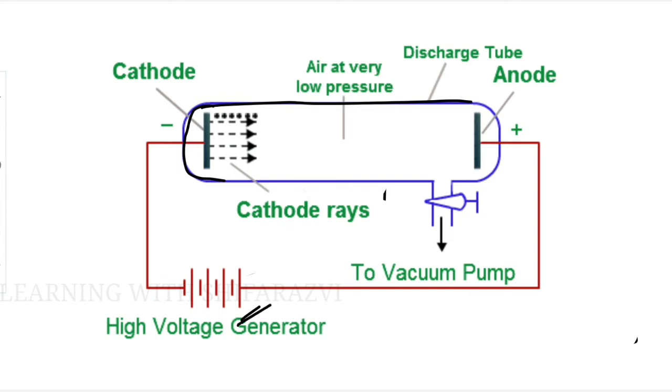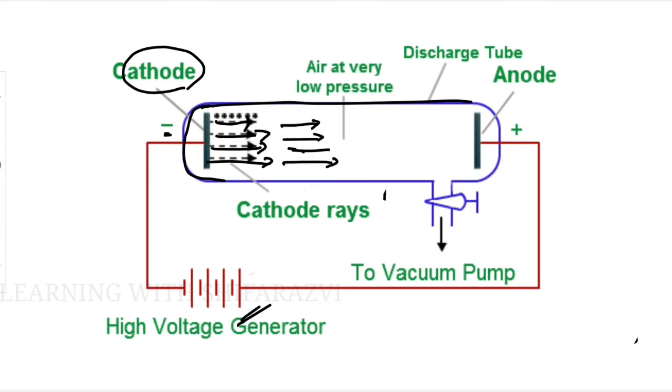suddenly he saw a beam of rays going from a cathode. A cathode is the negative terminal of an electric circuit. So there was a beam of rays going from the cathode towards the anode. Anything that is going from a negative side to a positive side should be negatively charged, isn't it so?